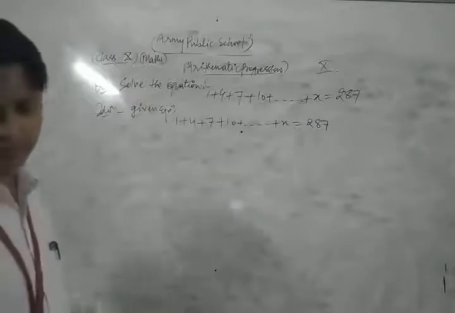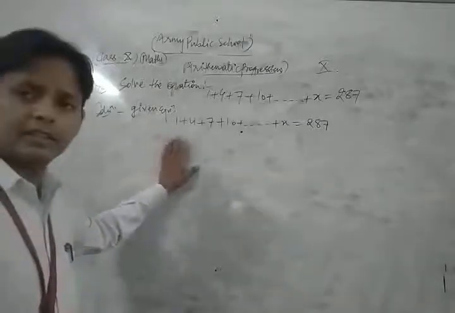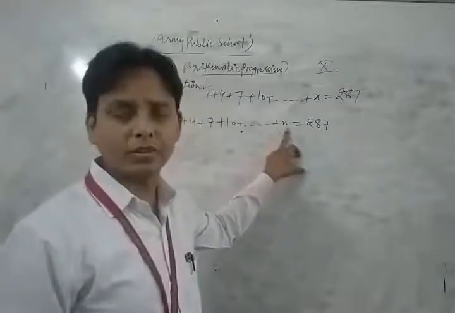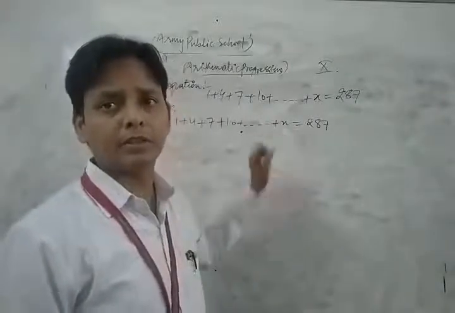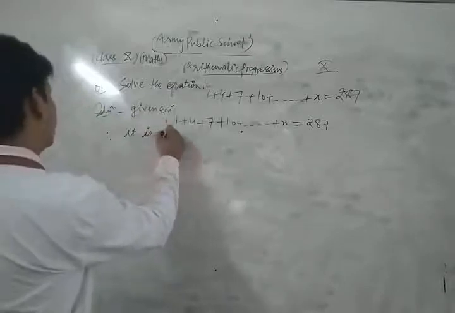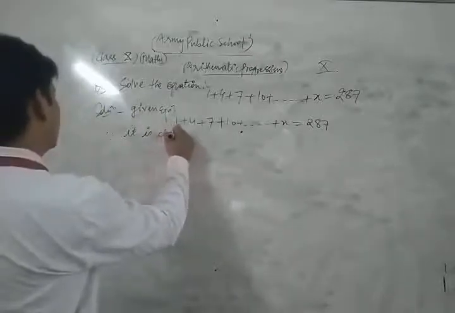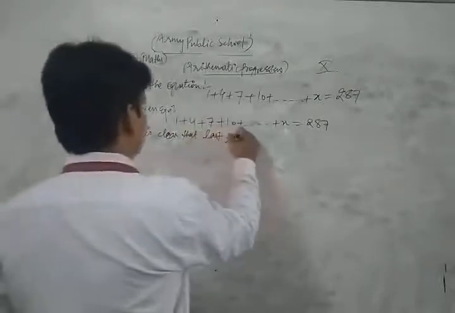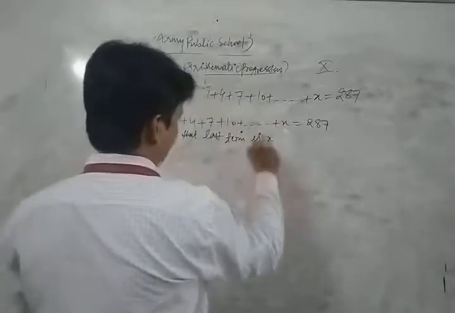It is clear that this is an AP and the last term of the given AP is x. So first of all, we find the number of terms in the given series. Since it is clear that last term is x.